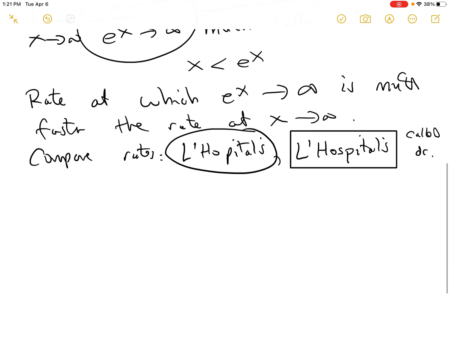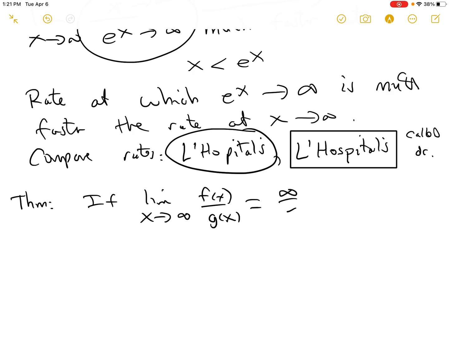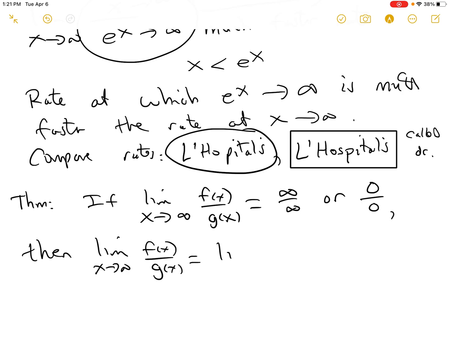And here's what it says. It's a theorem: if the limit as x approaches, I'm going to use infinity for now, but we can put the c here, if the limit as x approaches infinity of f of x over g of x equals infinity over infinity, and you can have pluses and minuses in there, or 0 over 0, then the limit equals the limit of the derivatives.